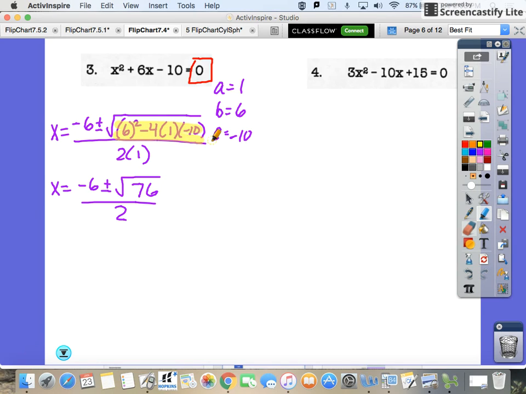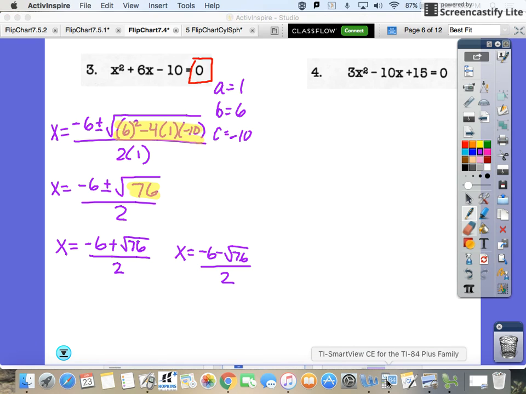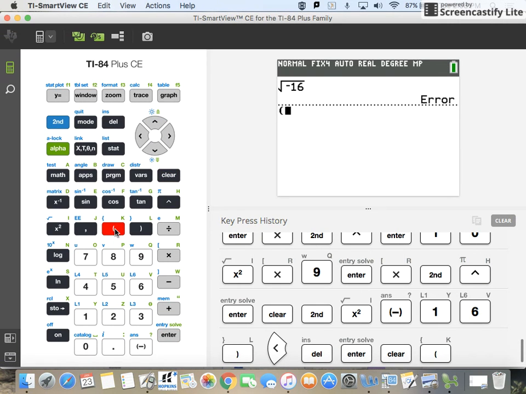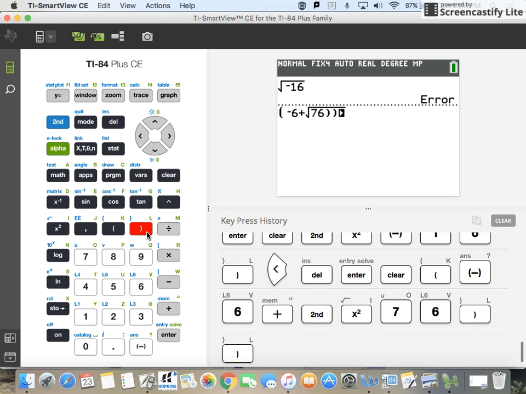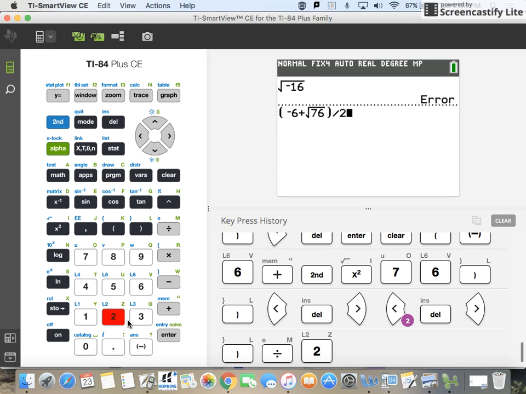So this right here just turned into 76, and we'll split our two solutions. We've got x is equal to -6 plus the square root of 76 divided by 2, and then x is equal to -6 minus the square root of 76 over 2. If we type that in, we get 1.36.